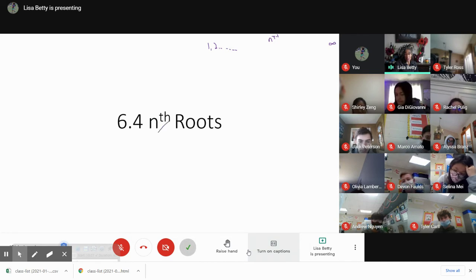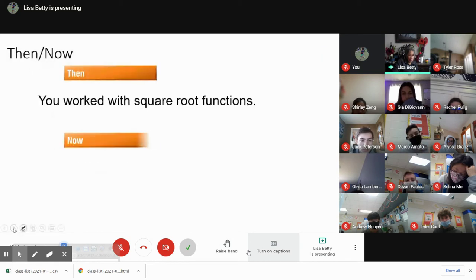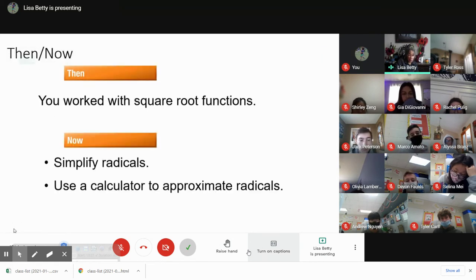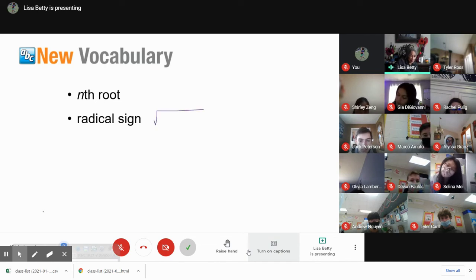So the nth root means some number. I told you what the nth root means. And you know what a radical sign is by definition. And an index.